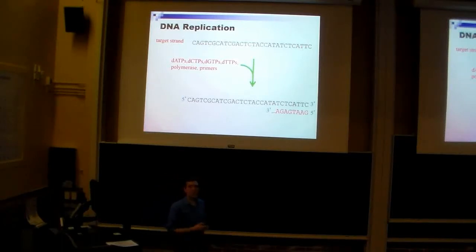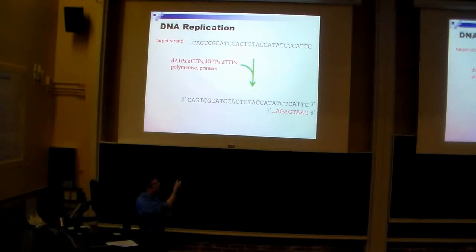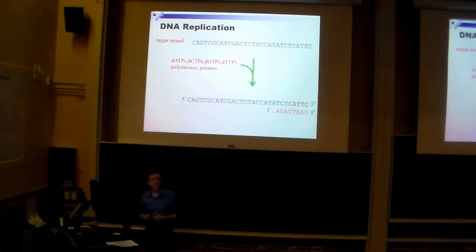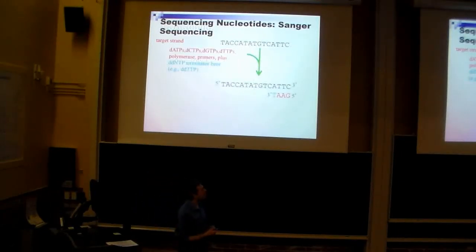That's basically all you need to replicate your DNA. You will produce a complementary strand, so basically aligning A's with T's, G's with C's, generating 5' to 3', complementary to your original. And this machinery was basically something that biotechnologists figured out many years ago how to co-opt to create techniques for sequencing DNA.